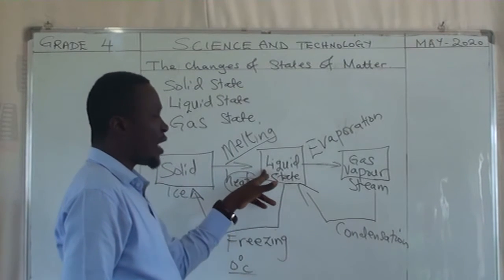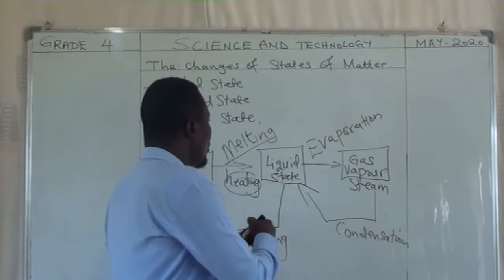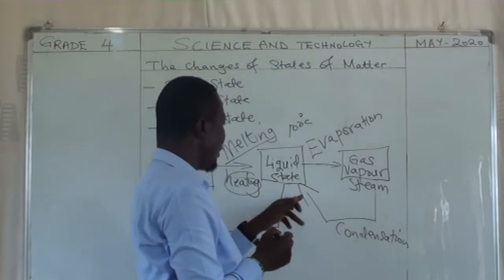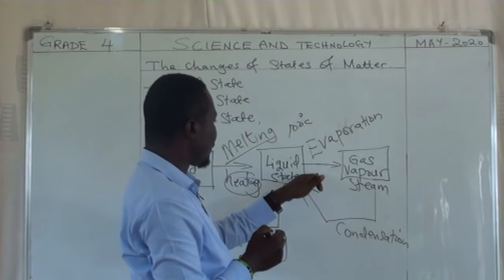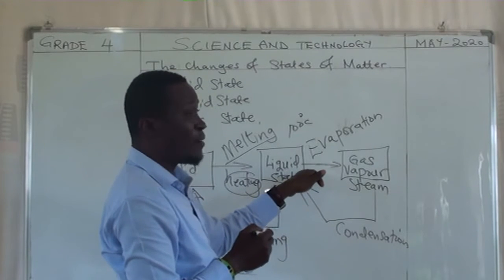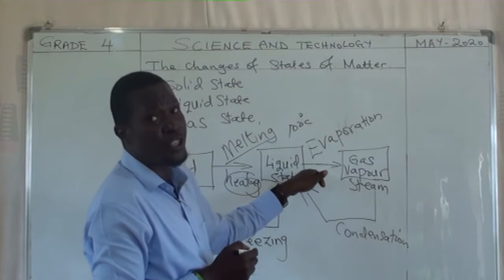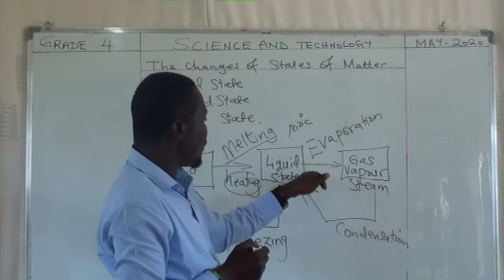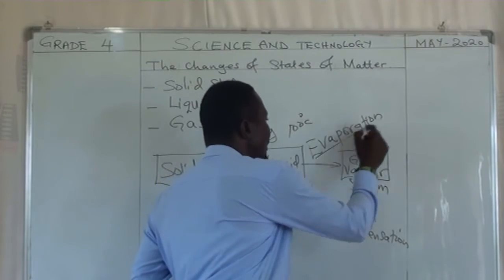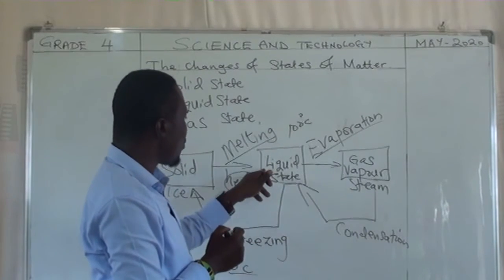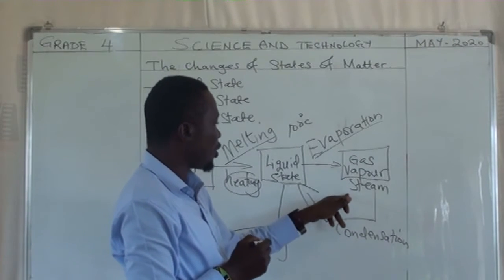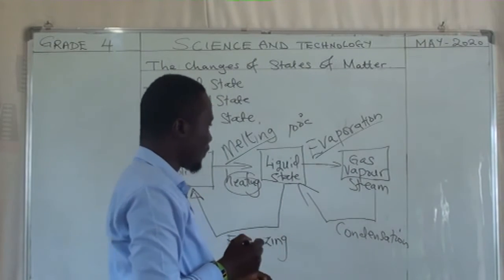The liquid water can be heated up to the temperature of 100 degrees centigrade. Then it will boil, and after boiling, it changes into water vapor. This process is known as evaporation. So liquid water changes into a gas, which is known as water vapor or steam, through evaporation.